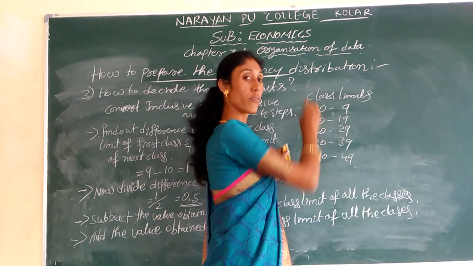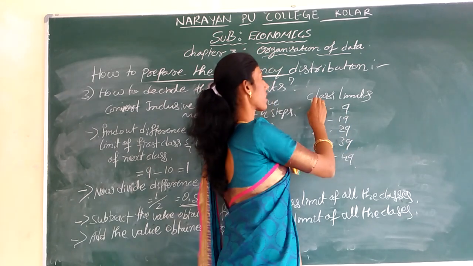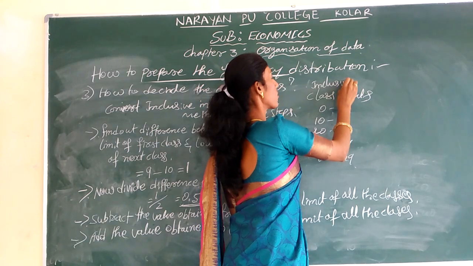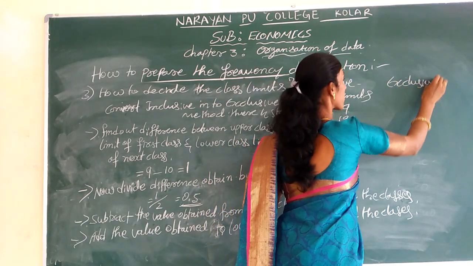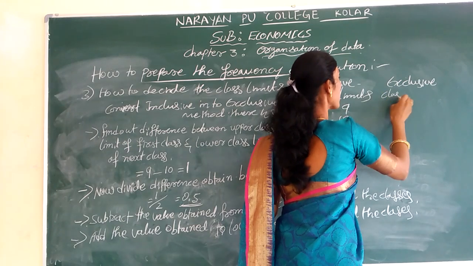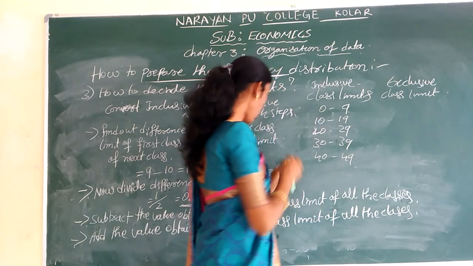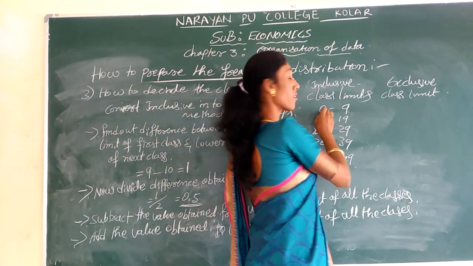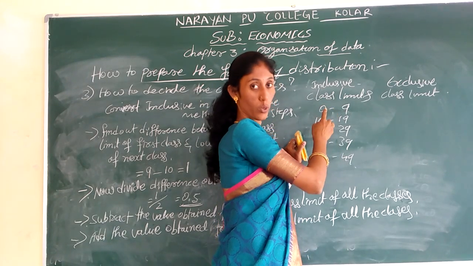Take an example now. We will apply all these 4 steps to convert to the exclusive method. This is what? Inclusive. To convert into exclusive class limits, we have already found this value is 0.5, and here we need to add 0.5 to all lower class limits.